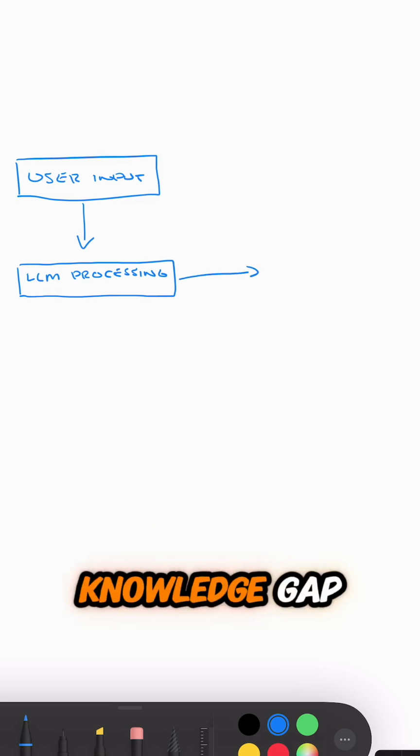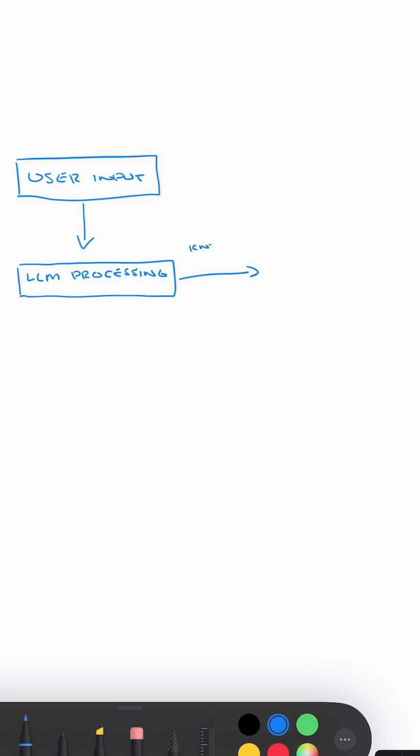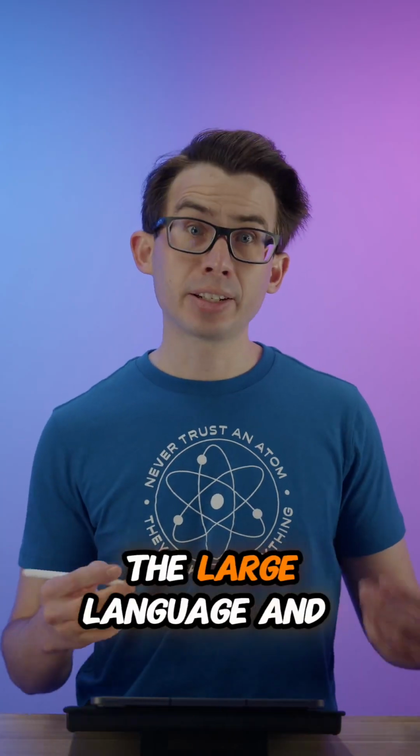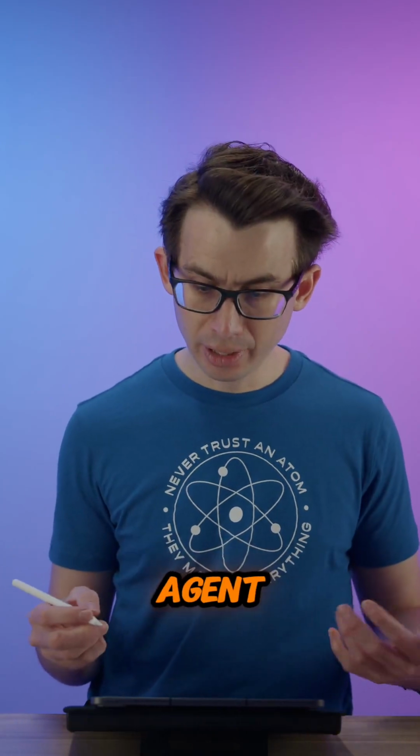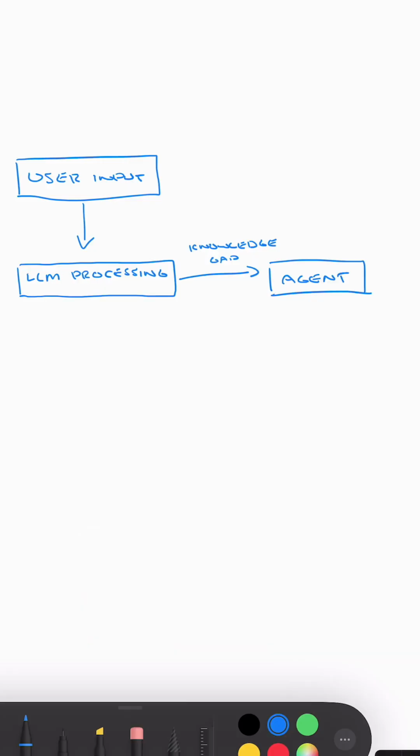So we call that a knowledge gap. And if there is, the large language model passes the agent the relevant information.